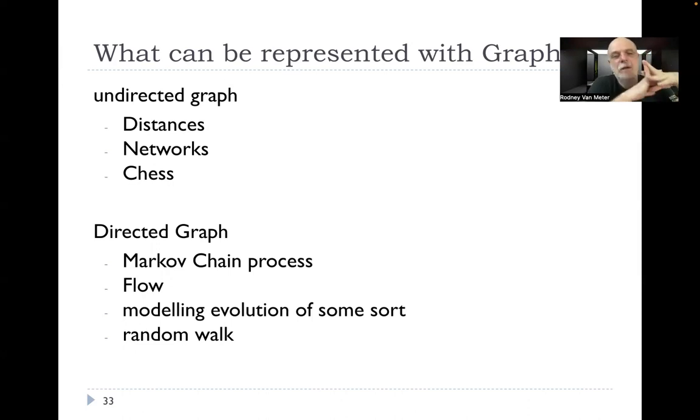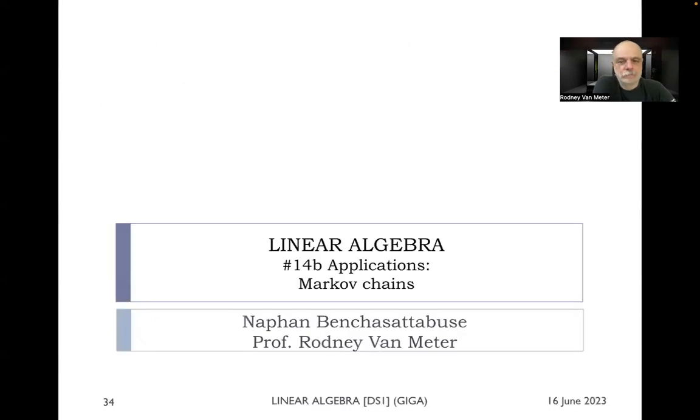We'll have Markov chain process, and you can talk about flow of electrons, or power, or electric current in an electrical circuit, or flow of water through a set of pipes. We can use a directed graph to model the evolution of a system, or we can use them to represent ultimately random walks. And this takes us to Markov chains.